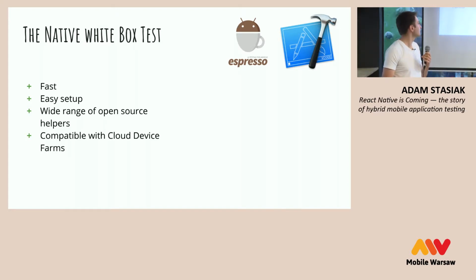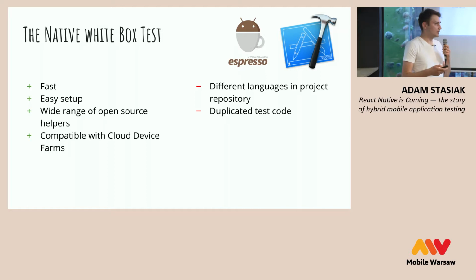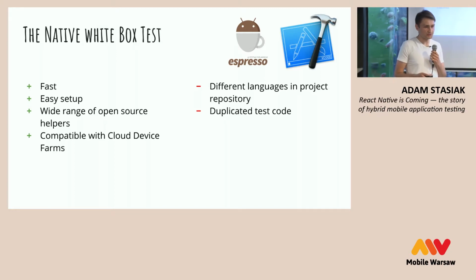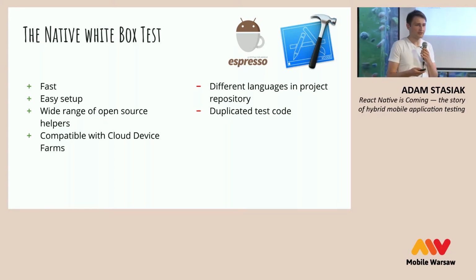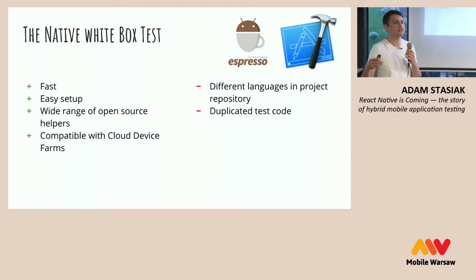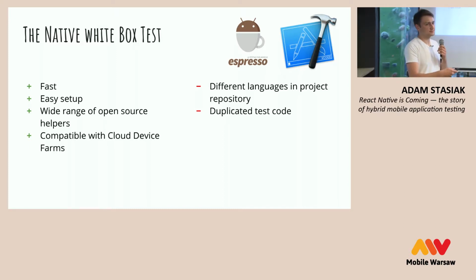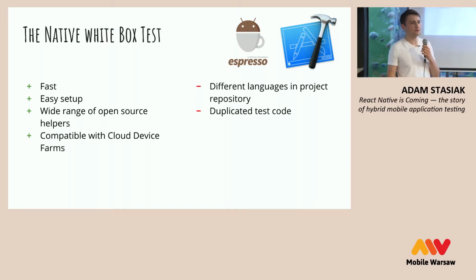It's great. But also, we can say about disadvantages. Using native approaches in project that is driven by cross-platform framework indicates that we have to inject another languages in our repo. So if we have all code inside repo written in JavaScript, we have to add Kotlin for Espresso and also Swift for iOS.